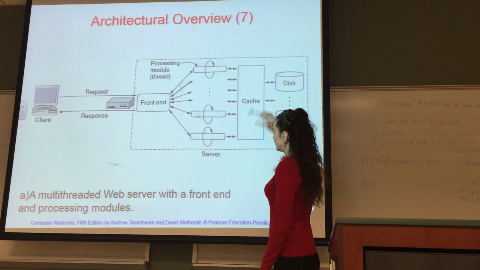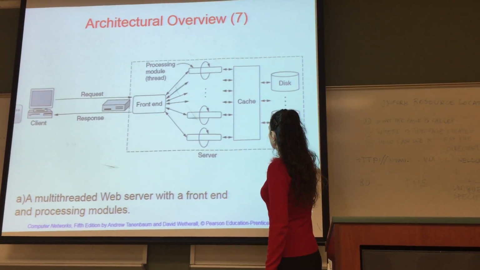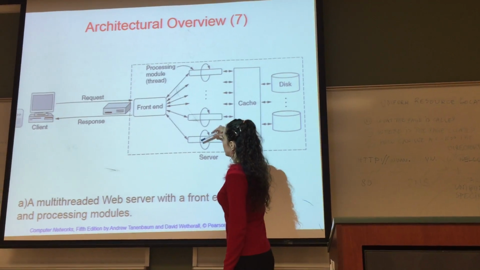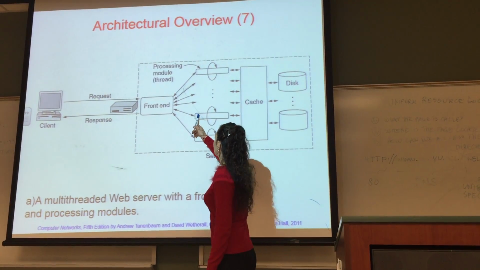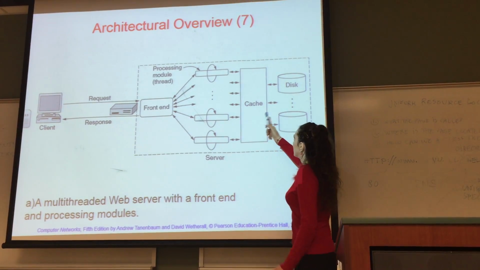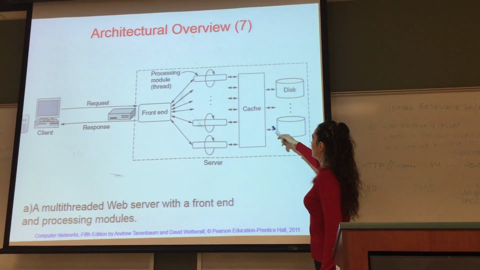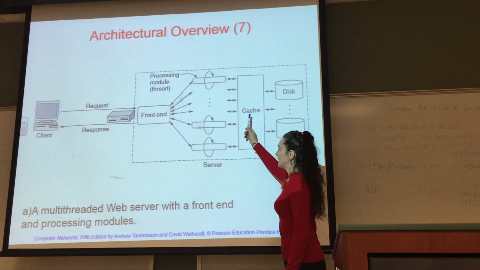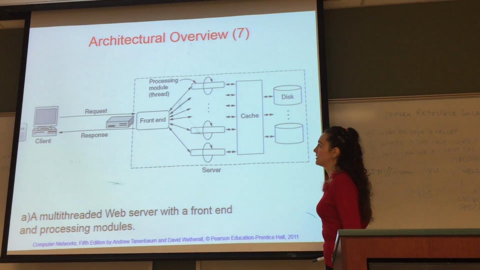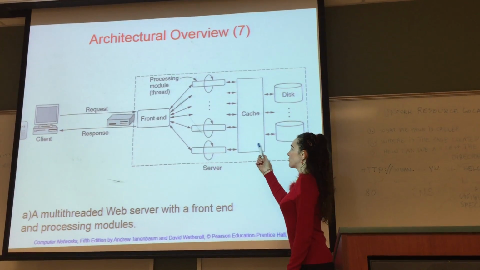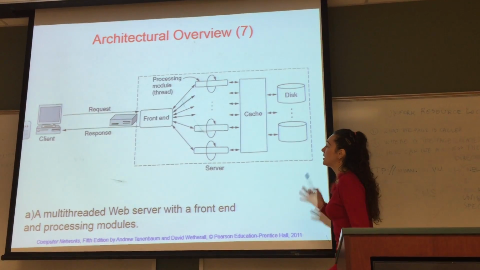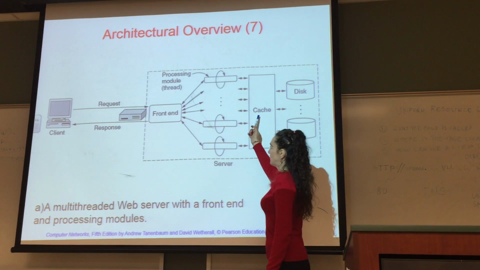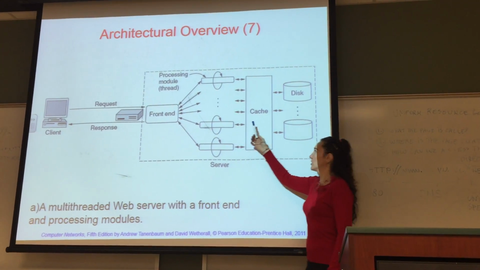Now, going back to the multiple threads, this is what happens. The server has multiple threads. Each thread will run for one client request, and it's designated as a worker thread to go and get this stuff from the disk. Some of the stuff will be placed in a cache, which means some of the requested pages or documents or files will be placed in cache to speed up the processing. So if the page is in the cache, obviously it will be served much faster.